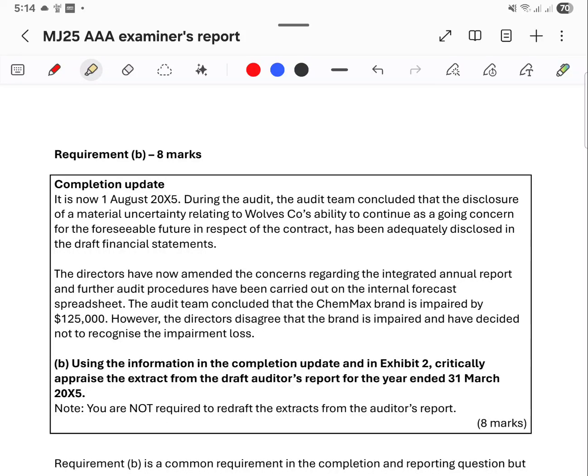So, completion update. It is now 1st August X5. During the audit, the audit team concluded that the disclosure of a material uncertainty relating to Wolves Company's ability to continue as a going concern for the foreseeable future in respect of the contract has been adequately disclosed in the draft financial statements.